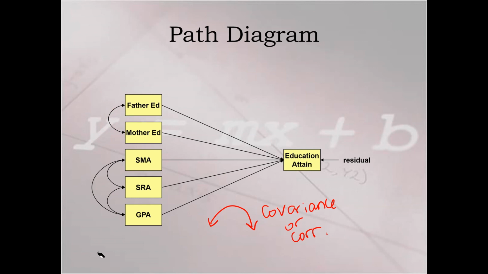So someone asked if endogenous variables can have covariance arrows, and the answer is no. Endogenous variables can only have one-way arrows pointing to them. So exogenous variables never have one-way arrows pointing to them, and endogenous variables can never have two-way arrows pointing to them.